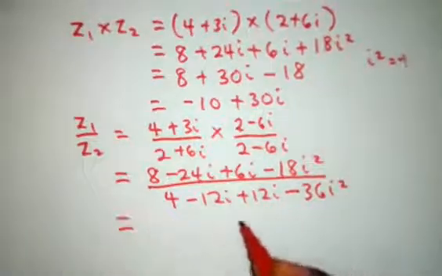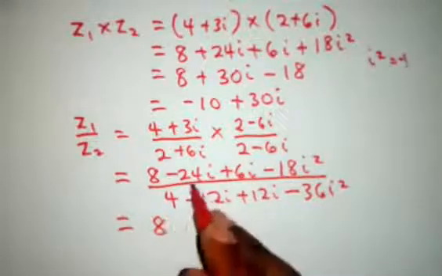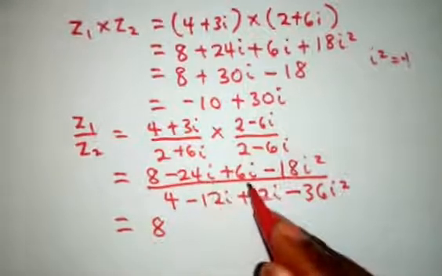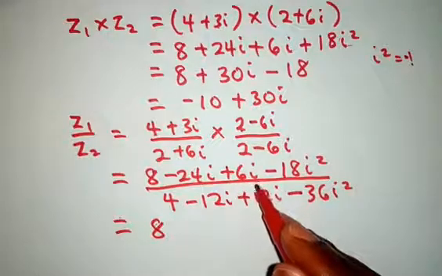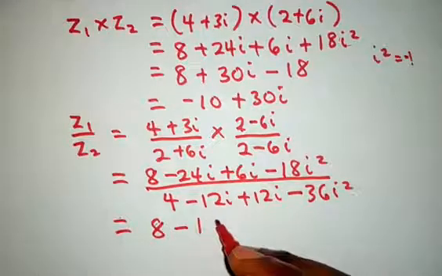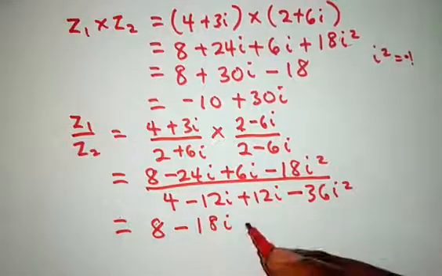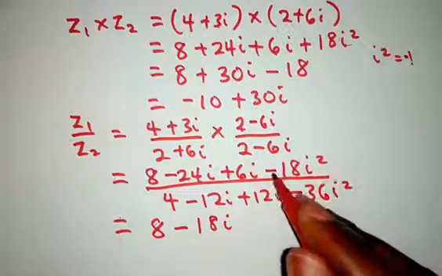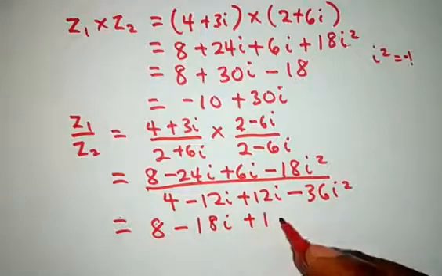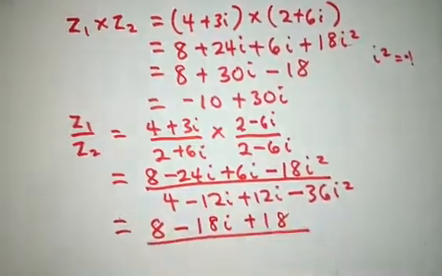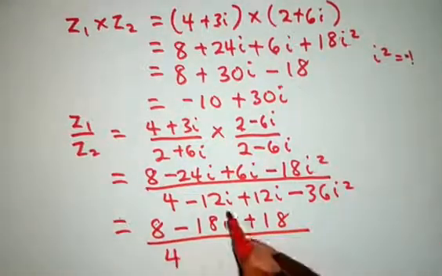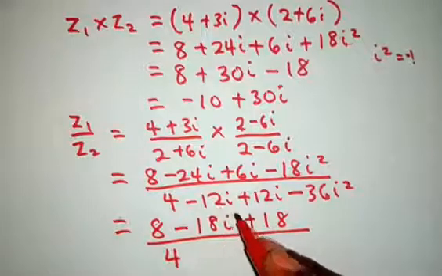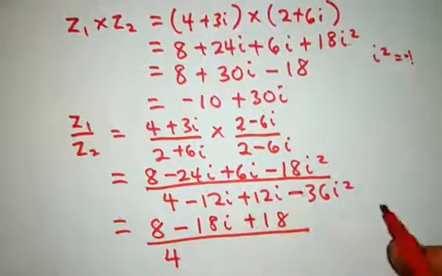And this gives 8 minus 24i plus 6i gives minus 18i. And then i squared is minus 1. So minus times minus gives plus 18 over, we have 4 here, minus 12i plus 12i cancels out.